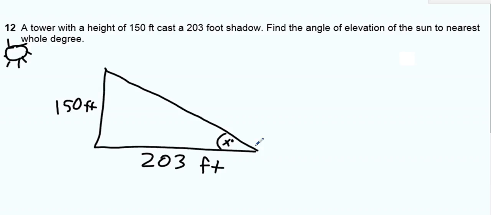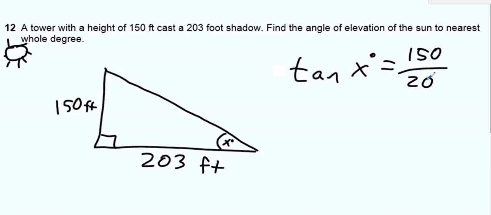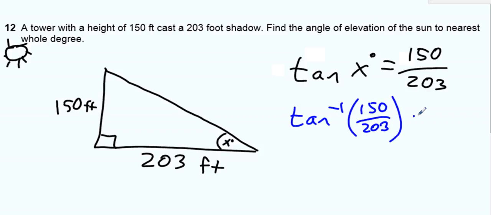So to find that angle, we have an opposite side, we have an adjacent side, that's tangent. Opposite over adjacent. Since we're solving for the angle, we do inverse tangent, 150 over 203.